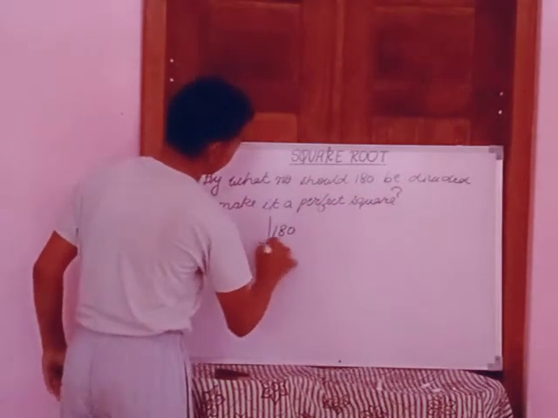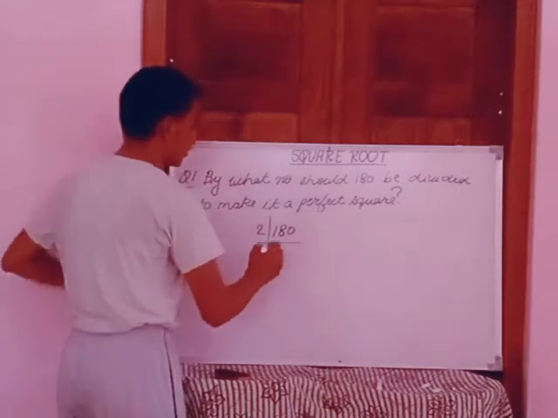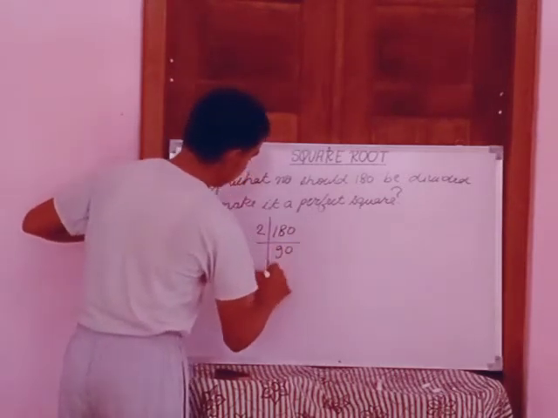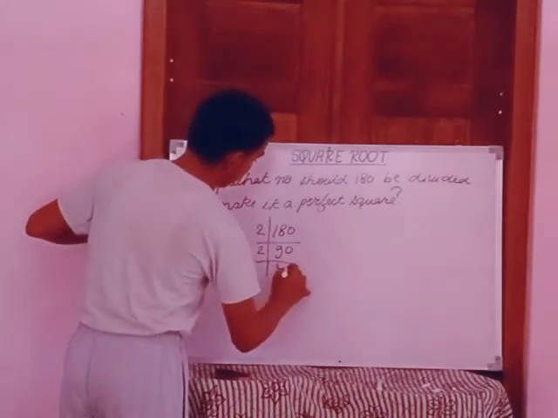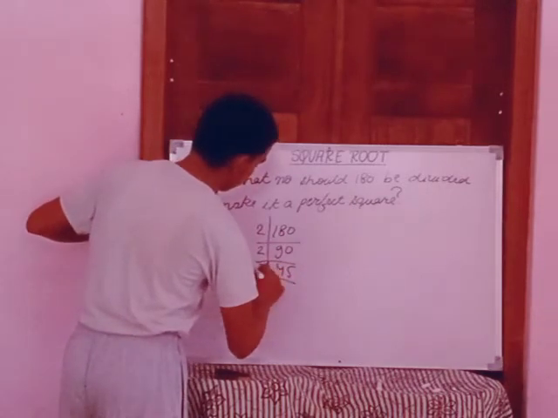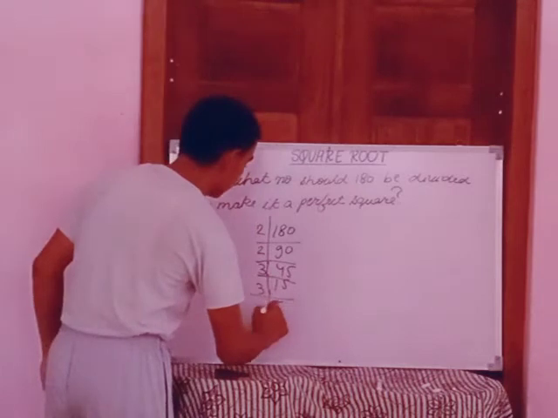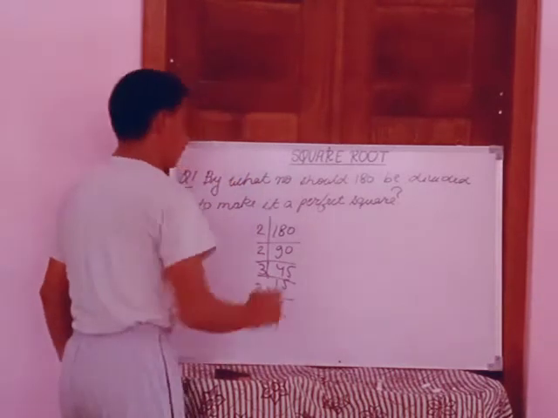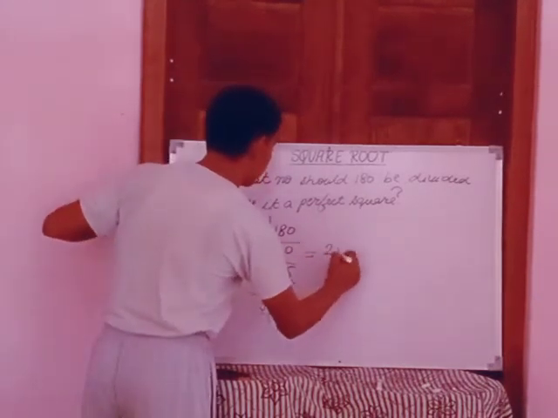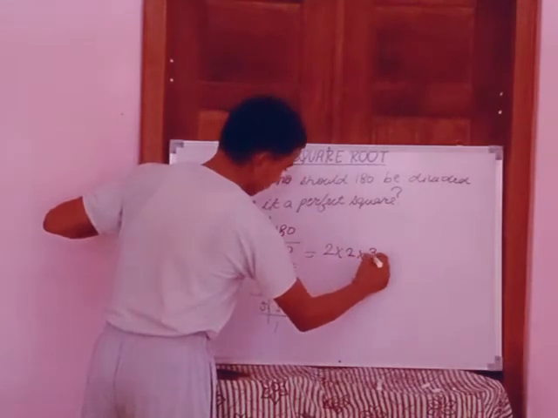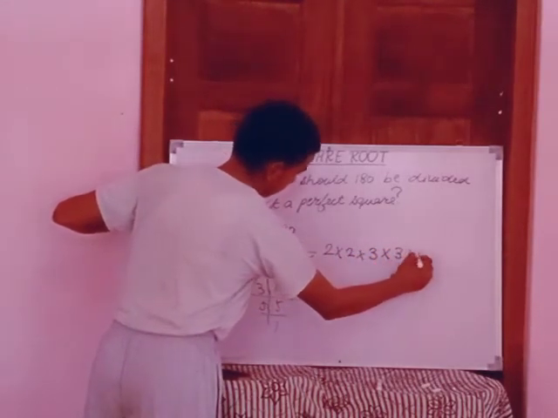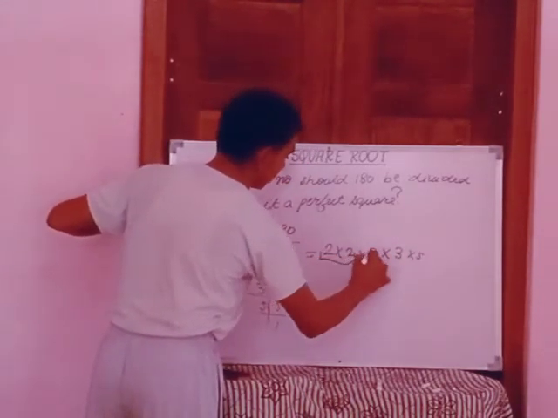Now let's break it into factors by using the prime factorization method. It would be 90, then 45, then 15, then 5. Now let's take the factors. Now let's find the pairs.